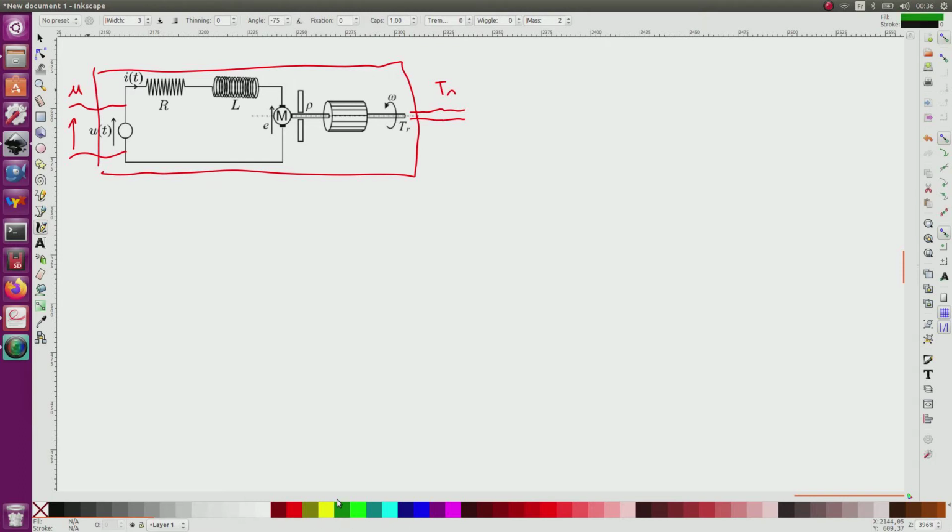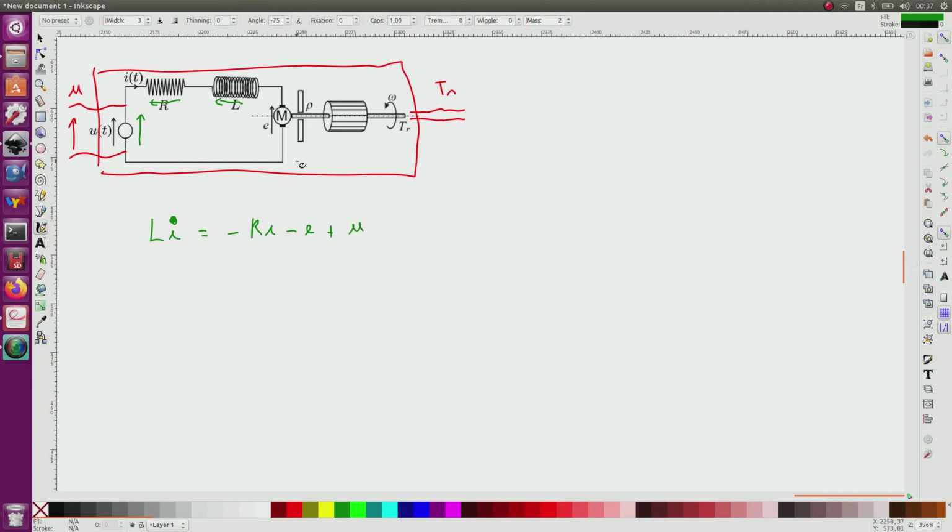To obtain the state equations that are given in the exercise, I just use the Kirchhoff rule, which tells me that this voltage is equal to this one plus E. And so it makes me write L times the derivative of I, this voltage here, is equal to minus R I, this voltage, minus E here, and plus U. Okay.